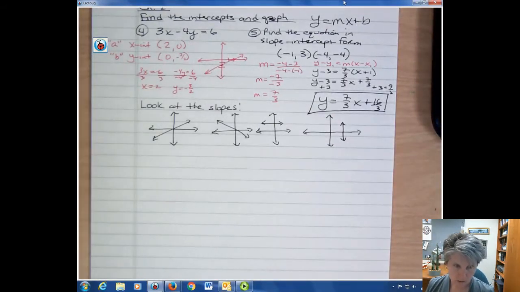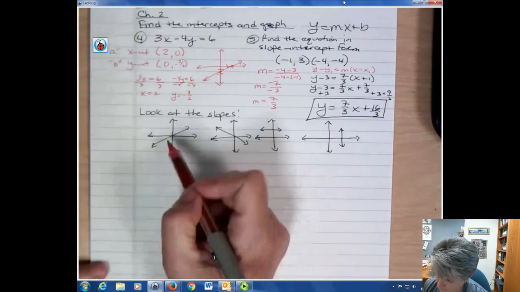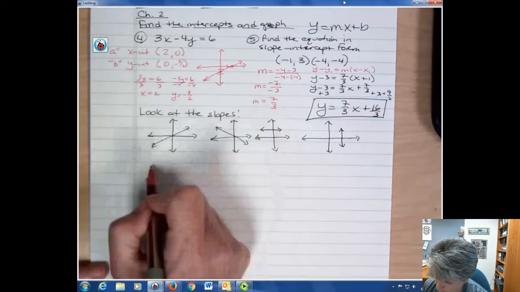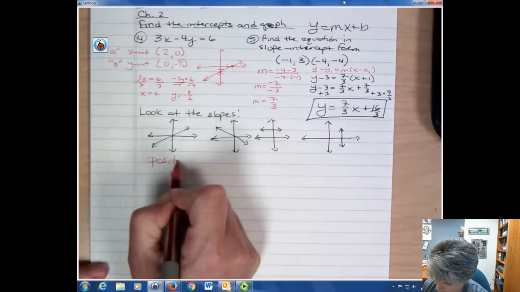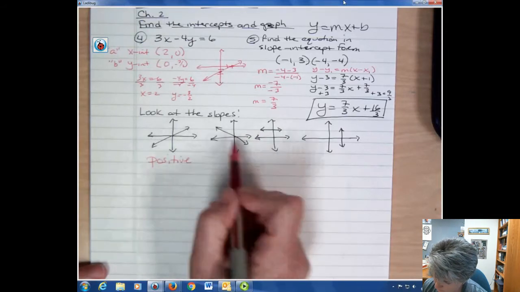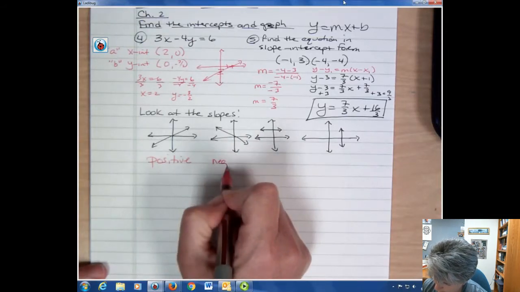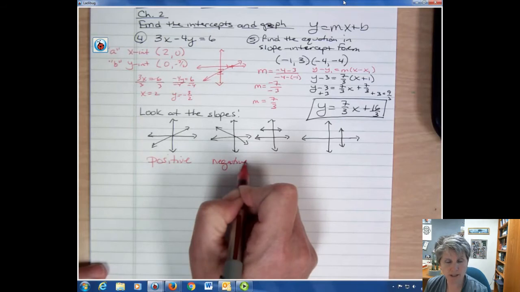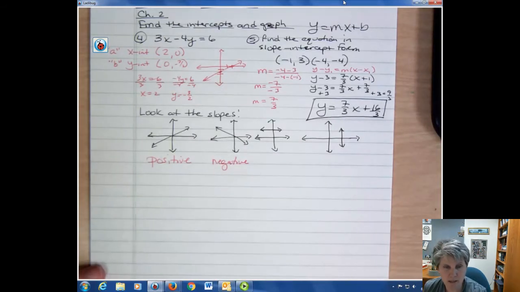Okay, so now the last thing about chapter 2 is just talking about the slope of a line. If you see a line that rises from left to right, we say that has a positive slope. If you see a line that falls from left to right, we say that has a negative slope. You should be able to look at a line and say whether it's negative or positive.